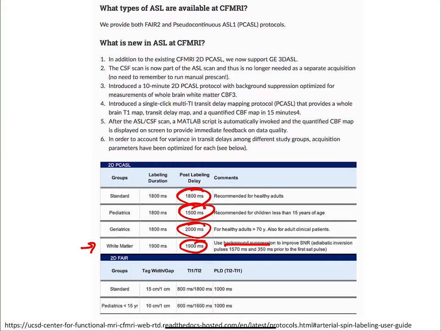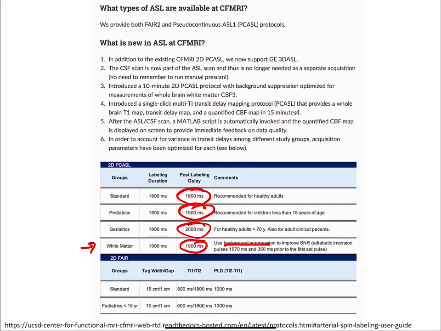So we suppress the signal from the tissue, because that's going to be subtracted anyway. Instead of making the signal just 1% of the overall brain tissue, if we can reduce the brain tissue signal, then we can make it like 10% or 20%, and that can help improve the sensitivity. So that's one protocol that some people might be using.